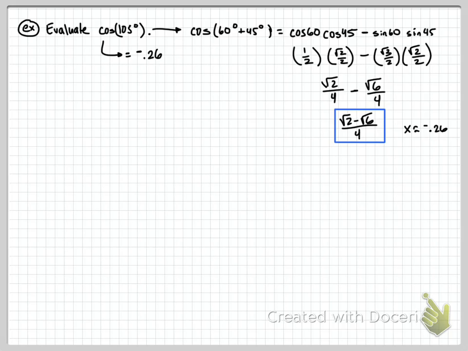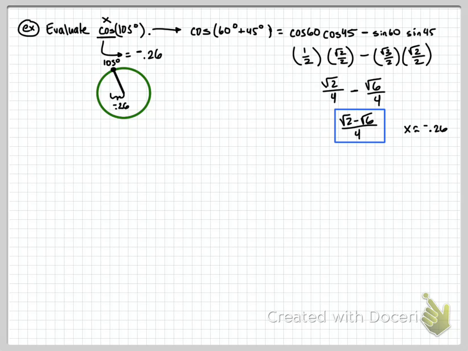Well, what does this mean? 105 is about here on the unit circle, and if we think about 105 degrees and think of cosine as your x coordinate, what is your x coordinate at 105 degrees? It's about negative 0.26. That's the distance, which makes sense with the unit circle.